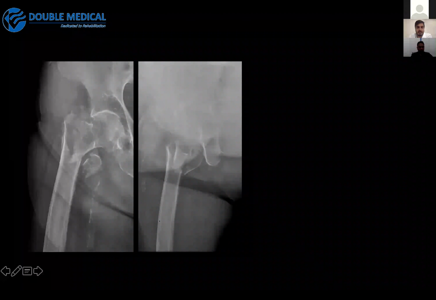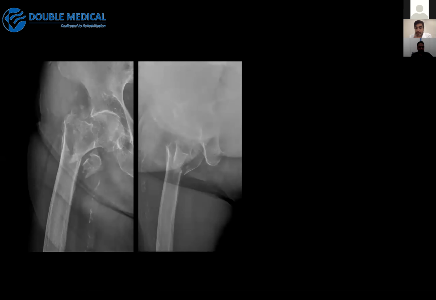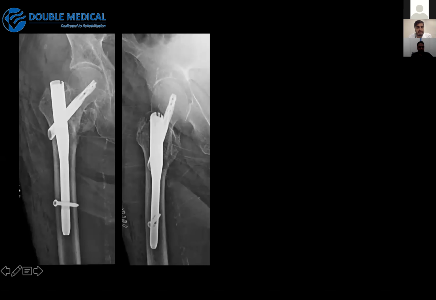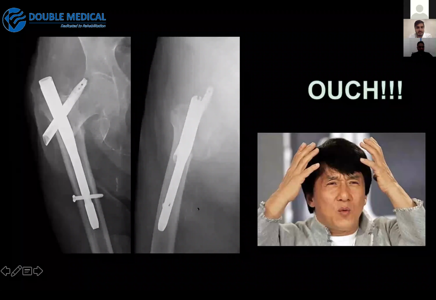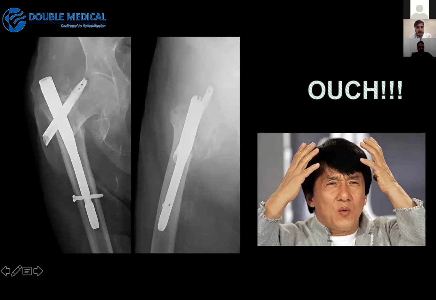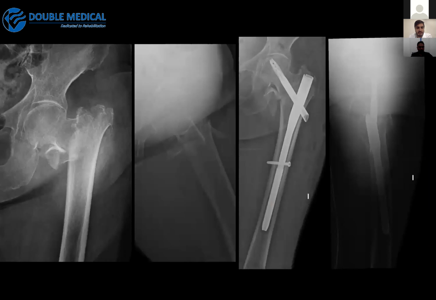But is this enough? For example, this case is a 2.3 fracture. We did a TFNA, which is the implant that we use, and you can see we have a good reduction and good position of the helical blade, but this case failed, and we will probably learn why it occurred.